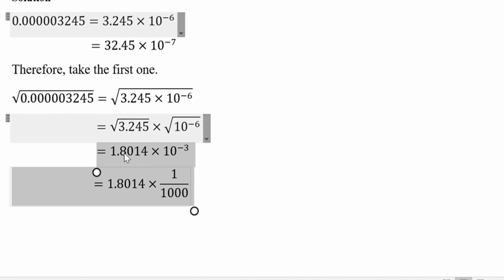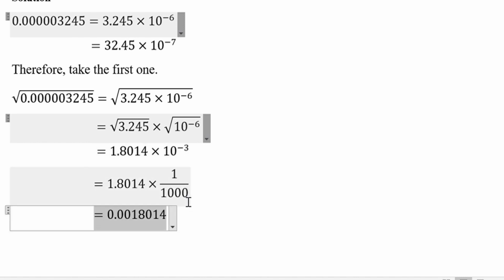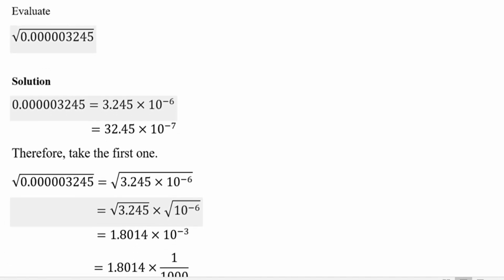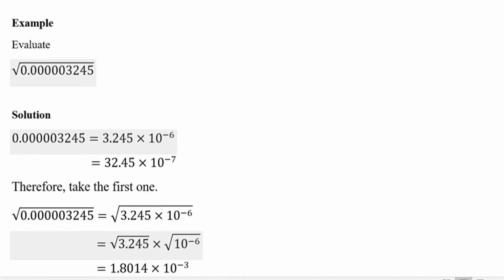The square root table gives this number as this, and when you divide this power by 2, you get this. So you multiply this one times this one, because this is 10 raised to the power negative 3 written in fraction form. And when you do that, you will get this as the answer. So that is how you can work it out without listing all of them.